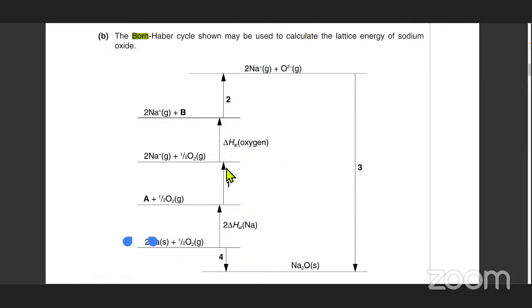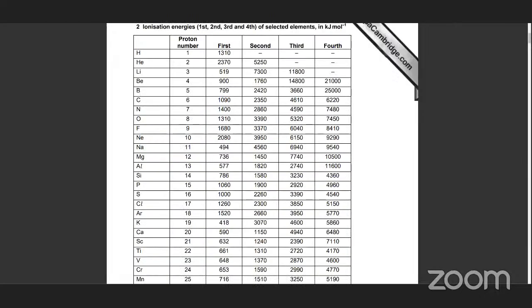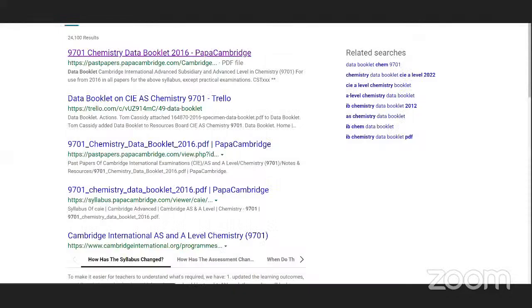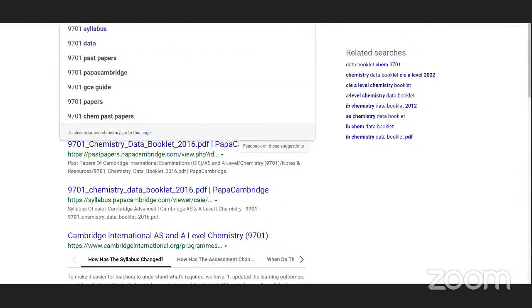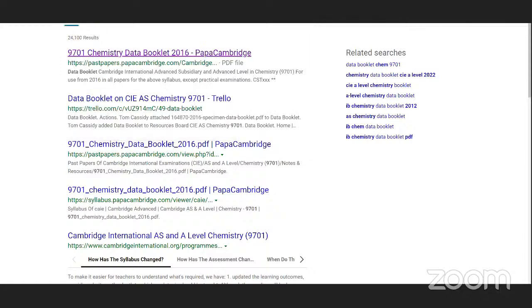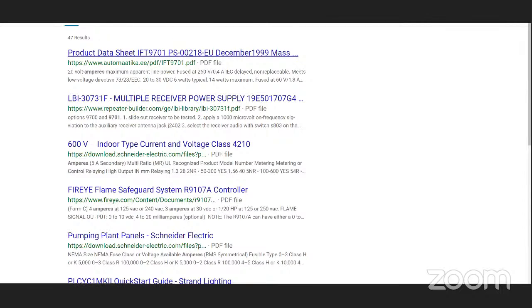ये बस skip कर ले, एक बस quickly ये Faraday constant के कर ले। Faraday constant का तो easy है.